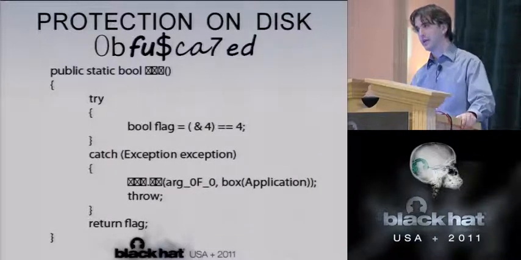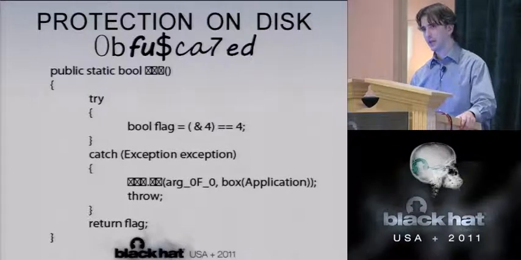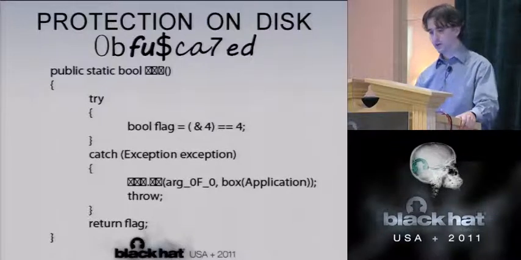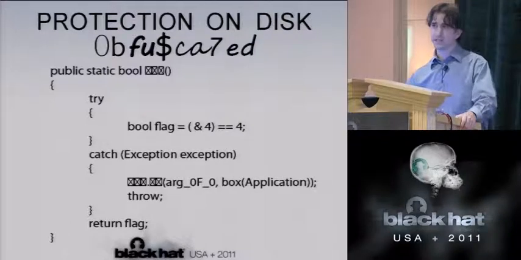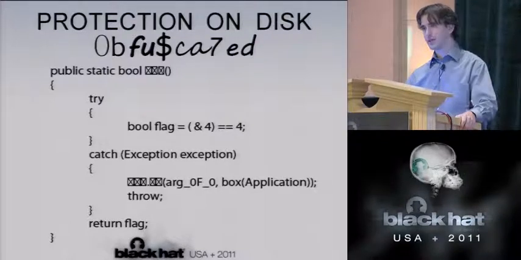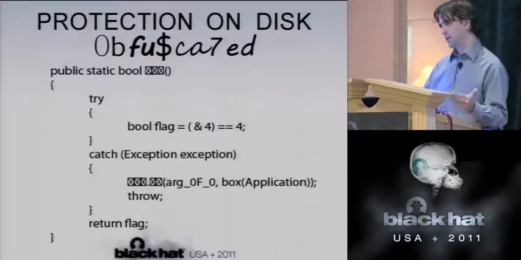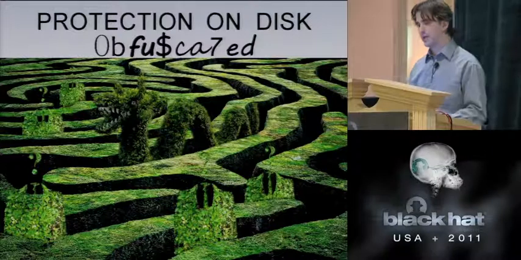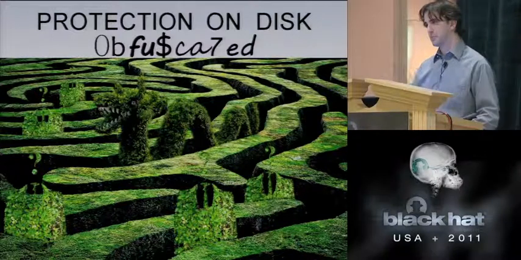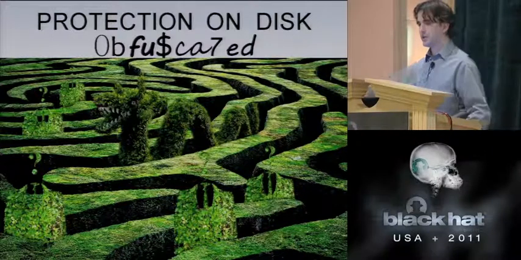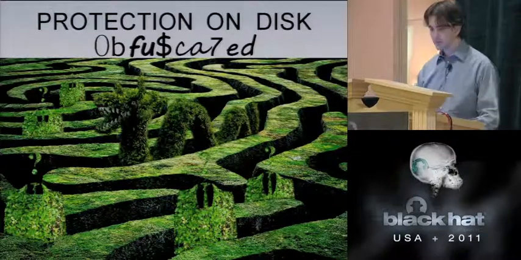This is obfuscated code. It's hard to read. It's like badly named code squared because they're not using printable characters or whatever. The logic is bizarre. And instead of value equaling true, it's value equals and for equal 4. And this is basically what obfuscation is when it comes down to it. It's trying to shoot a target in a field of targets.